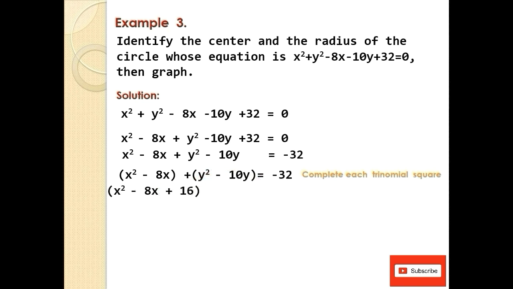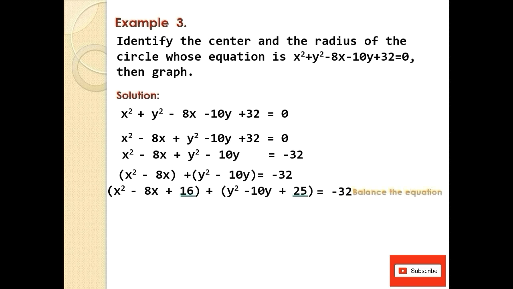We do the same on the other quantity. Copy the constant. Now, just as we did with our example number 2, we need to balance our equation. Get the sum. So we have positive 9.